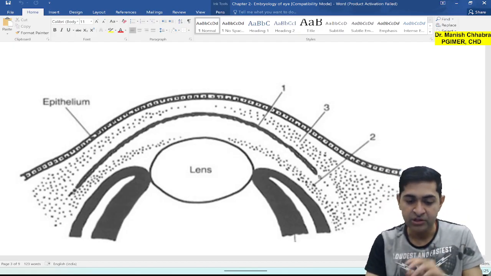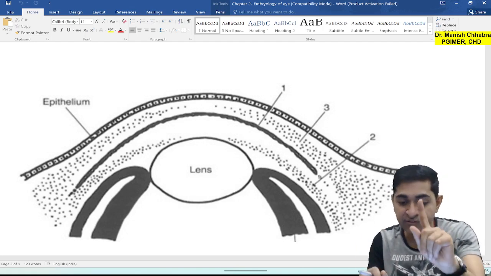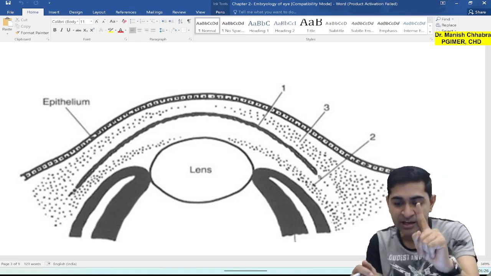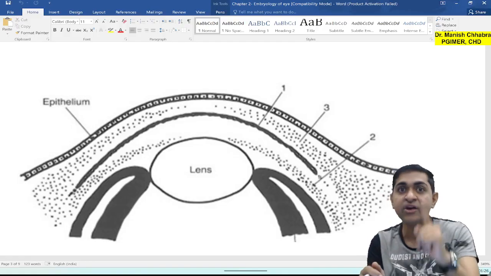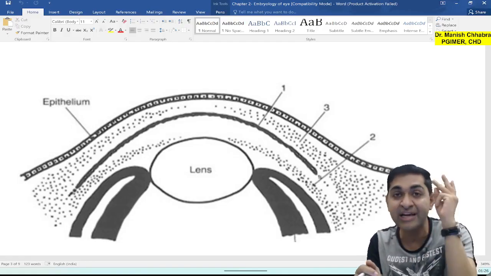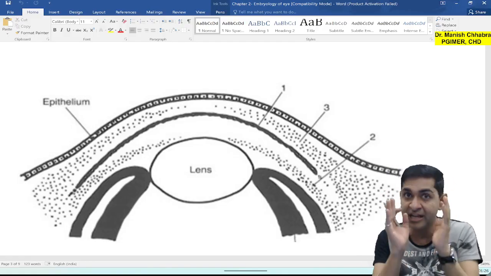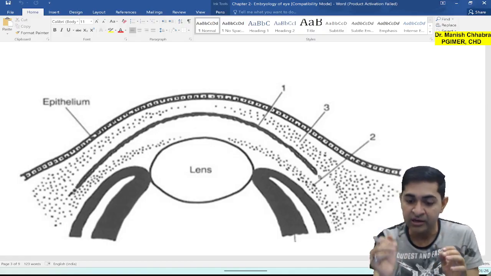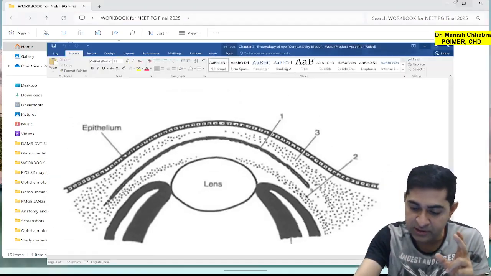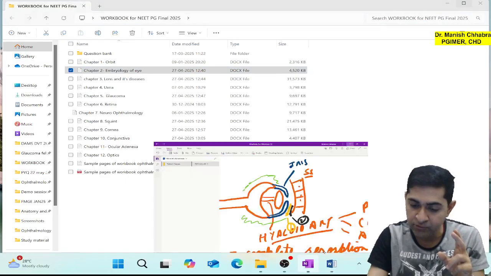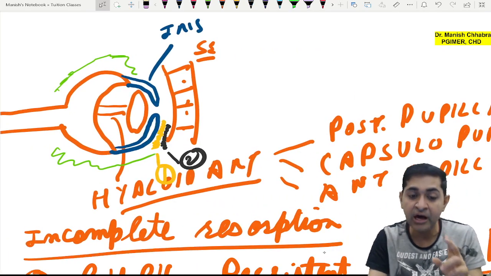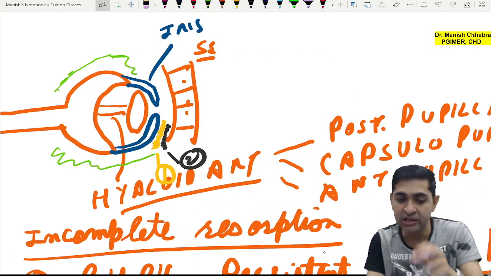Yes, okay, so the one wave which is marked as 1, that is your first wave, and the one wave which is marked as 3, that is your second wave. Now these two waves, what are they going to form? They are going to form the inner layers of the cornea.